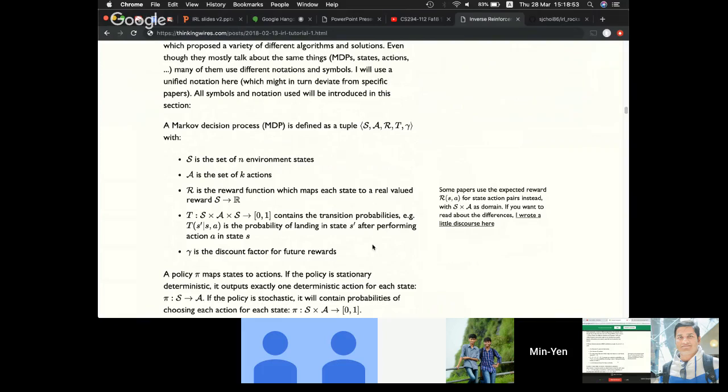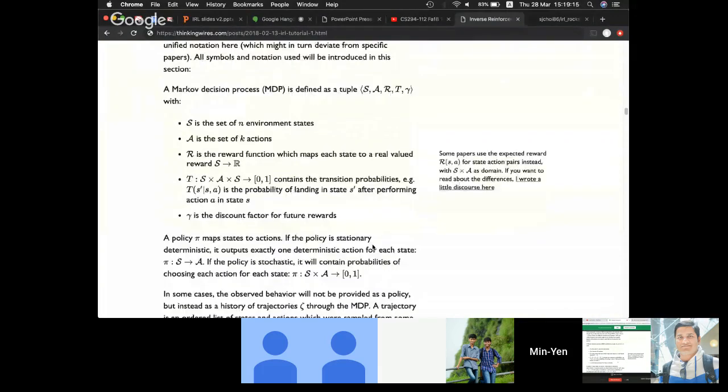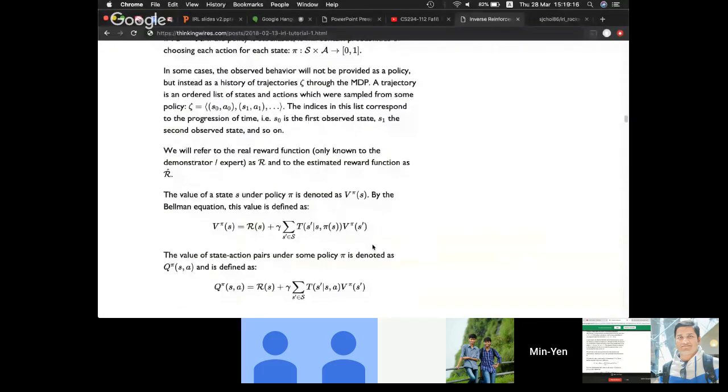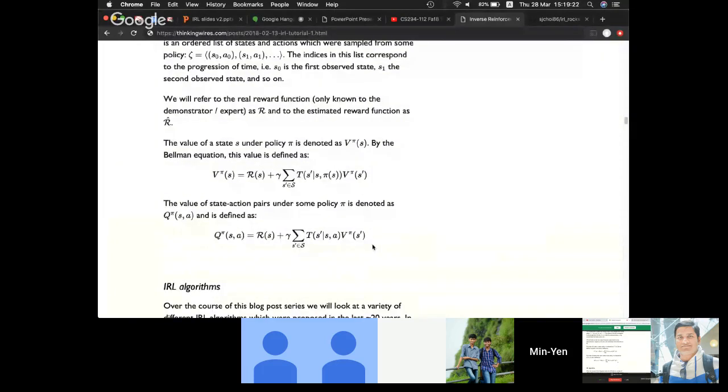Saying we have S as a set of states, A as the set of actions, R as a reward function that we're going to learn, and T is the transition probability matrix that's going to help us understand how we go about, and gamma here, which is the discount factor for future rewards, so that we can focus on the short term more importantly, right? So we're already going to start with some definitions that are from the Bellman equations that we studied previously.